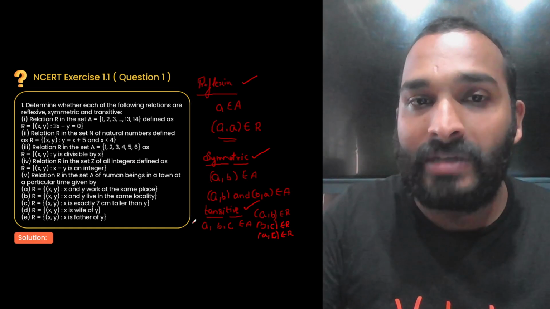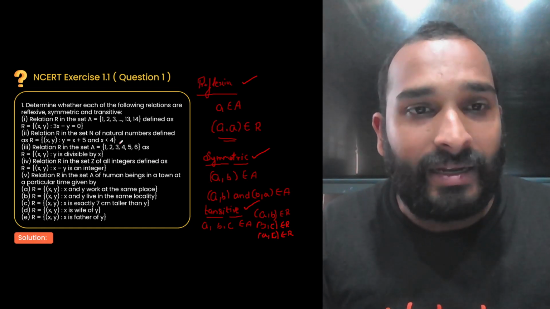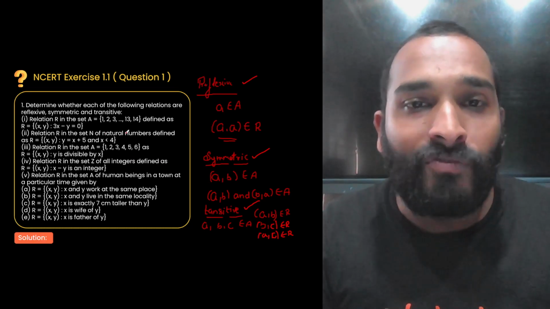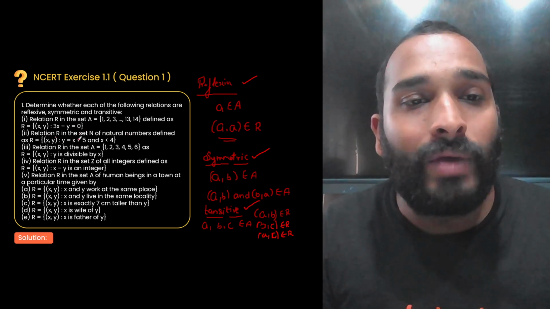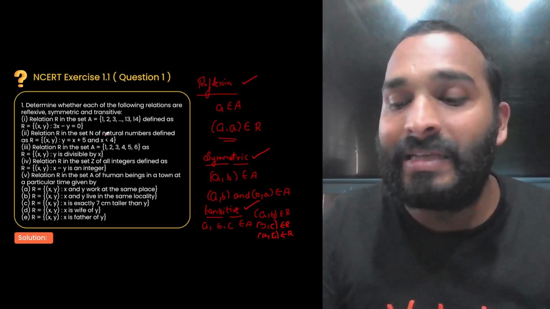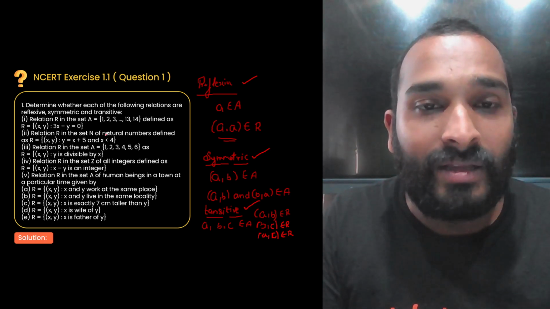Look at the second sub question. The relation in the set N of natural numbers defined as R equal to x comma y, where y is equal to x plus 5, where x is less than 4. So let us try to write the condition now.